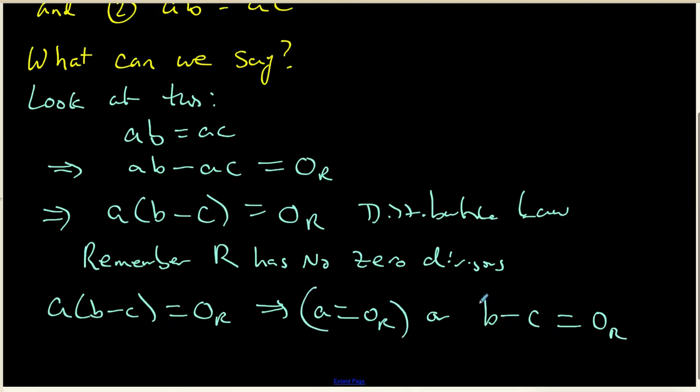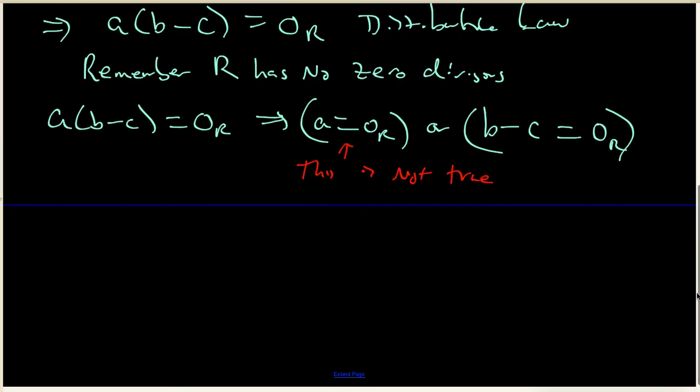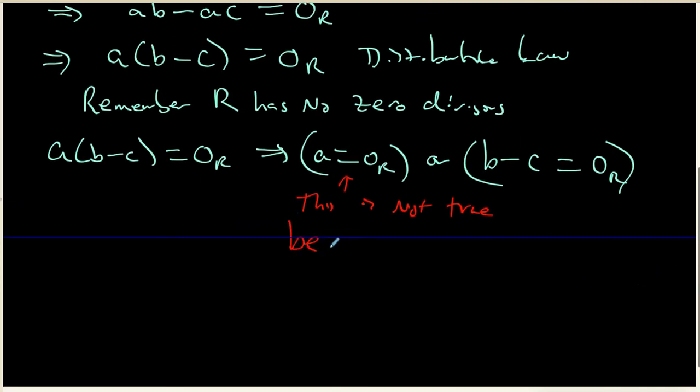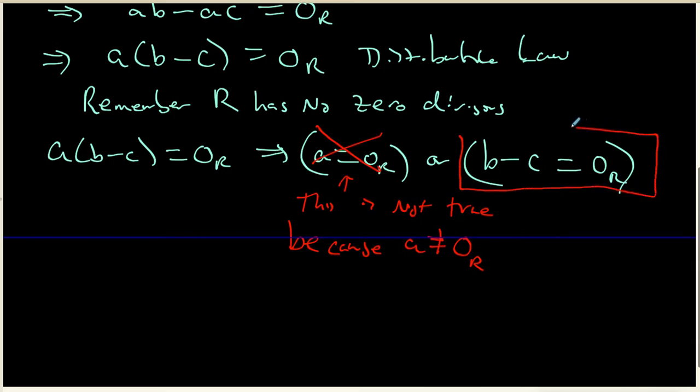Now, it turns out that we've assumed that this doesn't happen. So this is not true because we've already assumed that A is not equal to the 0 element. So when I realize that didn't happen, we are forced into accepting that B minus C is equal to 0.